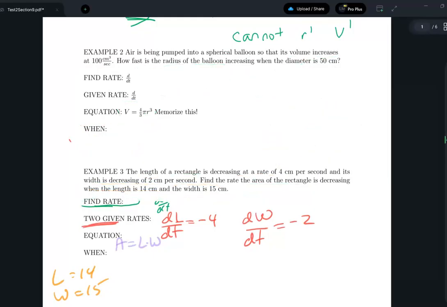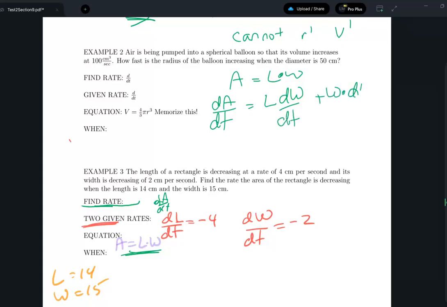I'm trying to find dA over dt from this, so let me just write the equation, L times W. dA over dt is, first you see the product rule: derivative of the first times the second plus the second times the derivative of the first.